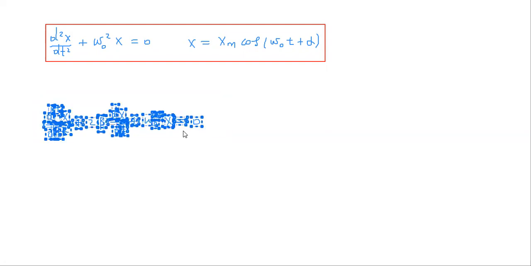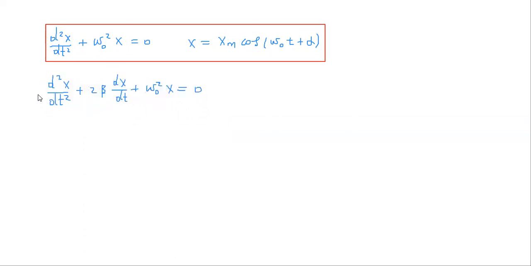And this is a differential equation of small damped oscillations. Damped means that there are leaks of energy. There is dissipation of energy because we have some resistance in the system.